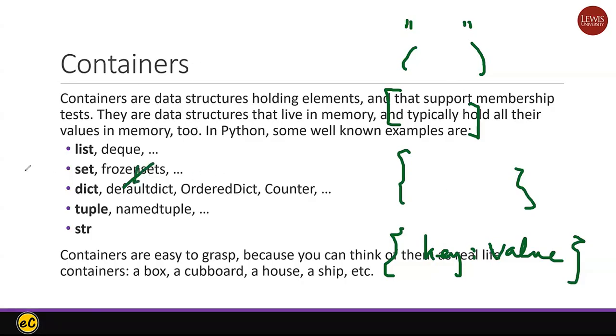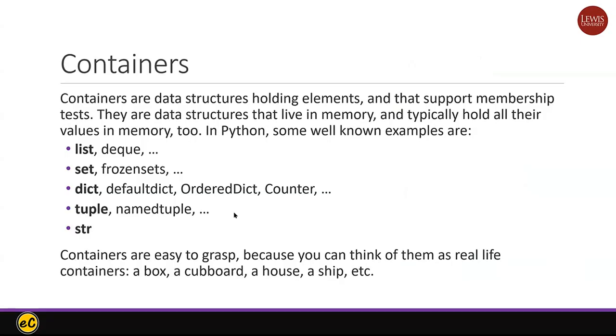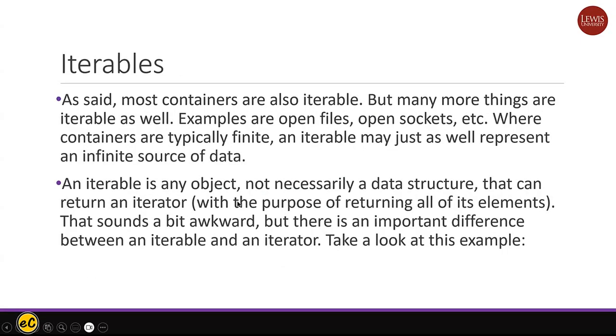All of these are iterable, which means you can put them in a for each loop. Mostly, not every one, but most containers are iterable, so they have an iterator and can be traversed one by one.